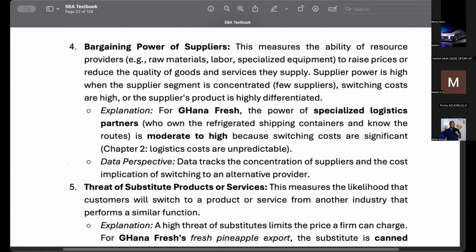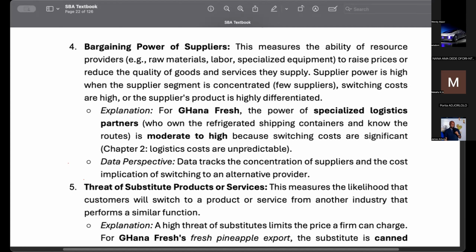That means it will also cost them more, because a refrigerated shipping container or bus or truck to bring your produce from Kumasi to Accra, or from, let's say, the Eastern region to Accra, is not a joke. The company should be well grounded in that particular activity and should be able to do it very well, so the products are fresh before they are exported.